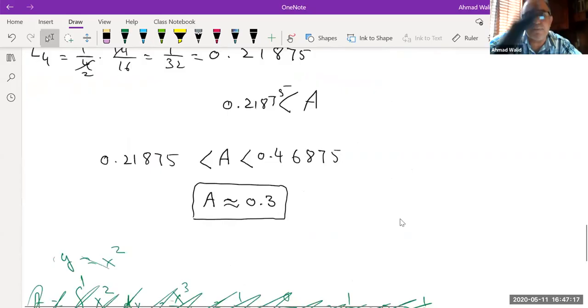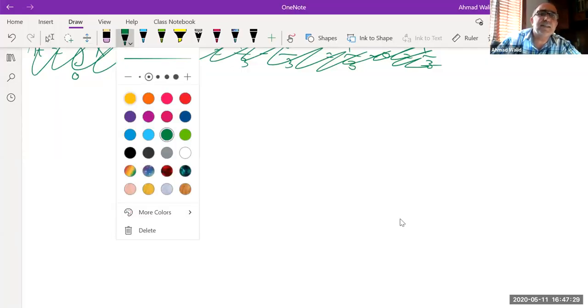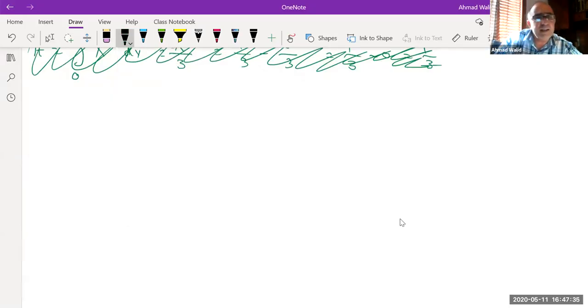Let's do another example to make it more clear. Before going to that example, let me explain something else a little bit, because you got an idea. Let me give you a definition now.